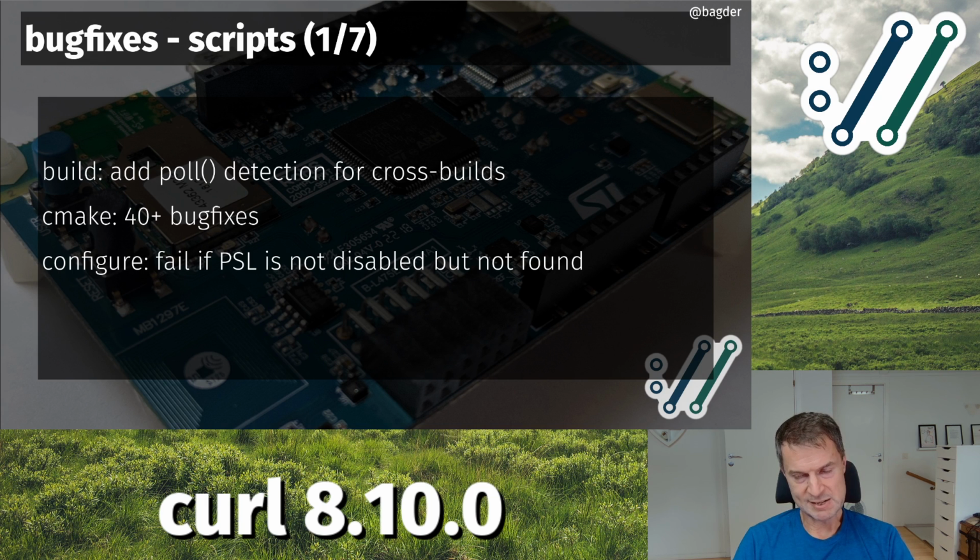So if PSL is not found, it'll error out, and you have to either explicitly say it's okay to build without PSL, or you fix the environment so that it finds PSL. PSL being public suffix list, right? It's a list of domains considered to be public suffixes, meant primarily for cookies in curl.